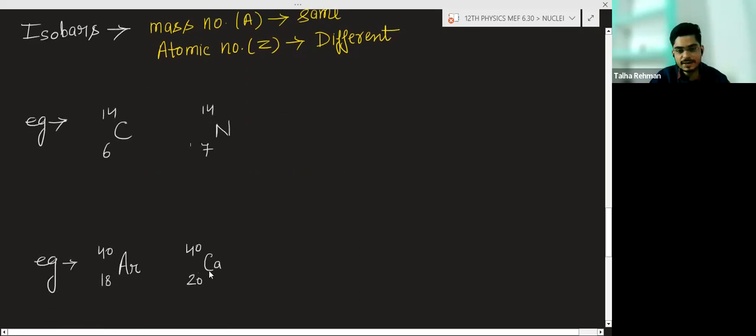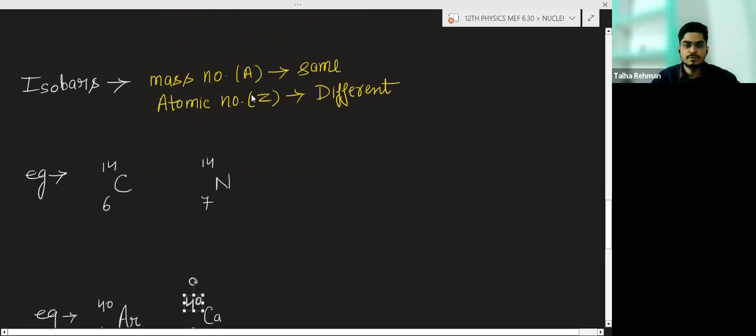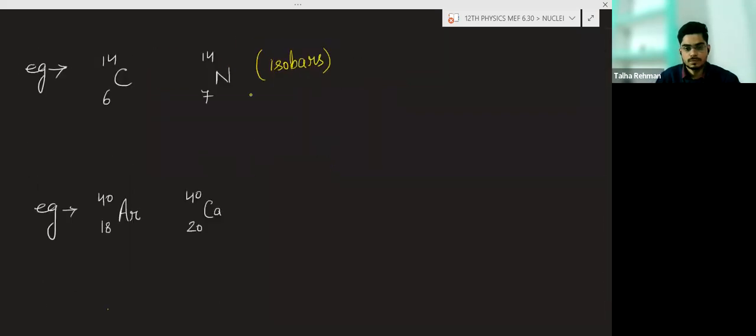You can see argon, and this is calcium. Again the mass number is the same, the atomic number different. So these are isobars.